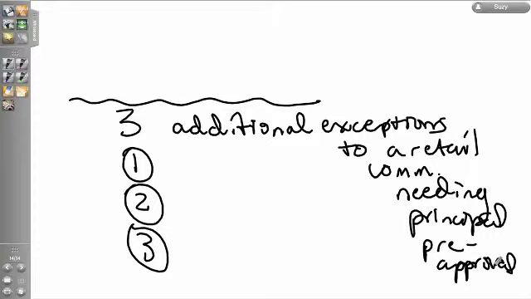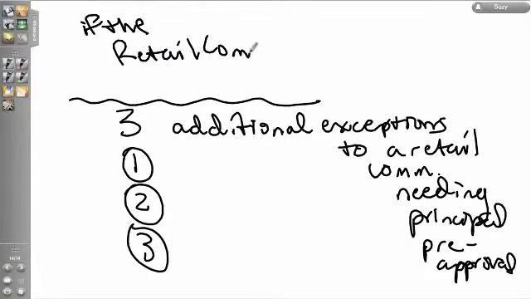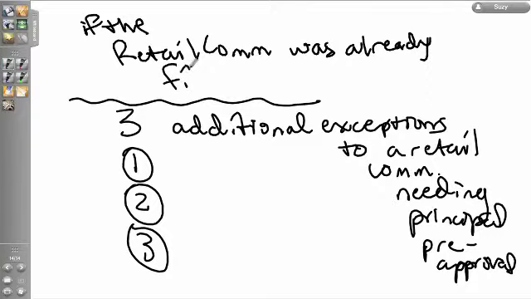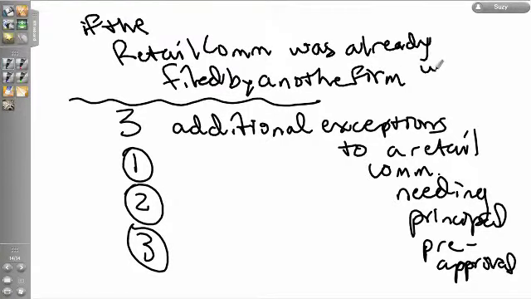The first one that we already talked about was if the retail communication was already filed by another firm with FINRA, and you have the letter from the FINRA advertising department.